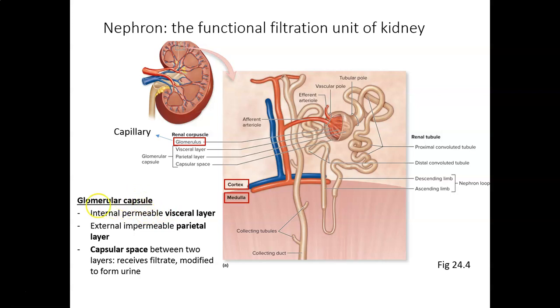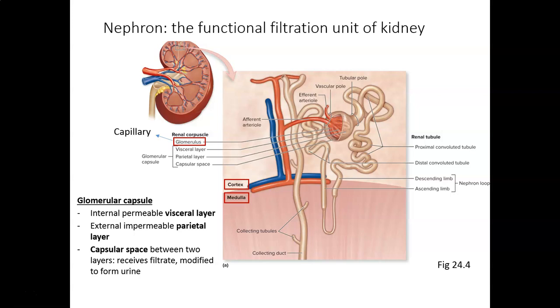It keeps some things inside the blood, but the blood plasma can pass through it very easily. So the formed elements stay in, and everything else can be filtered out.